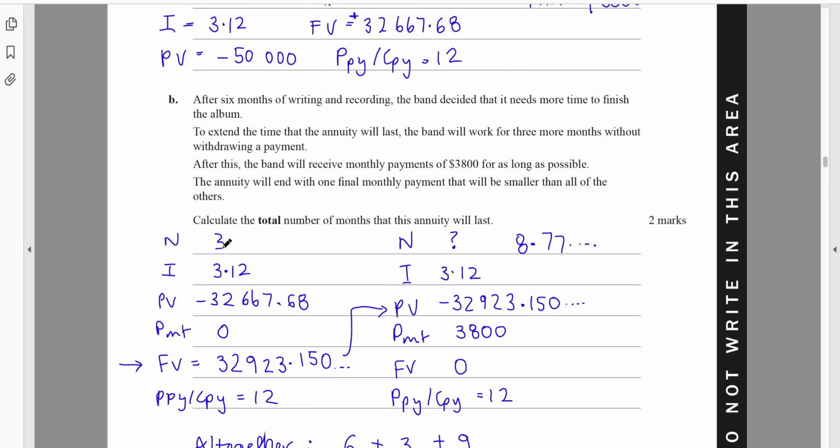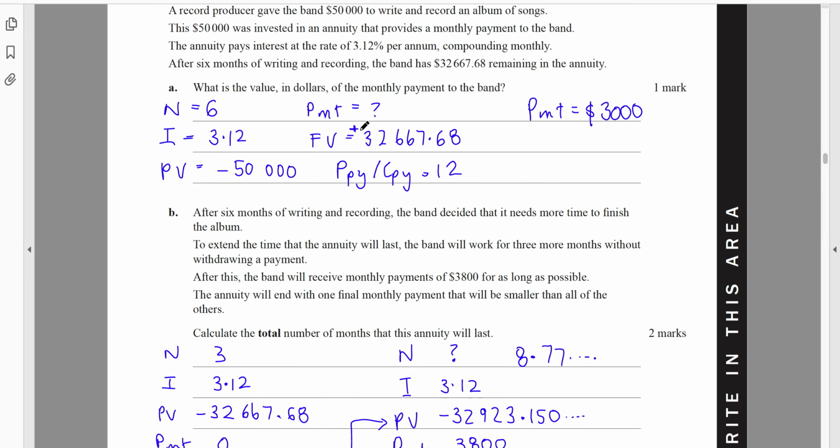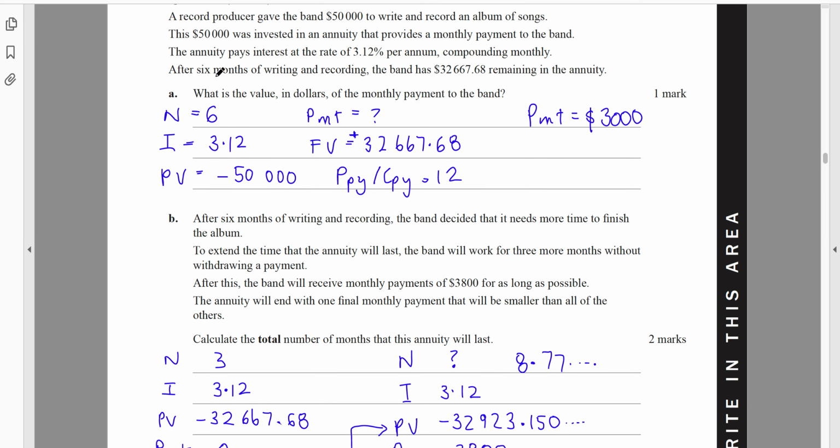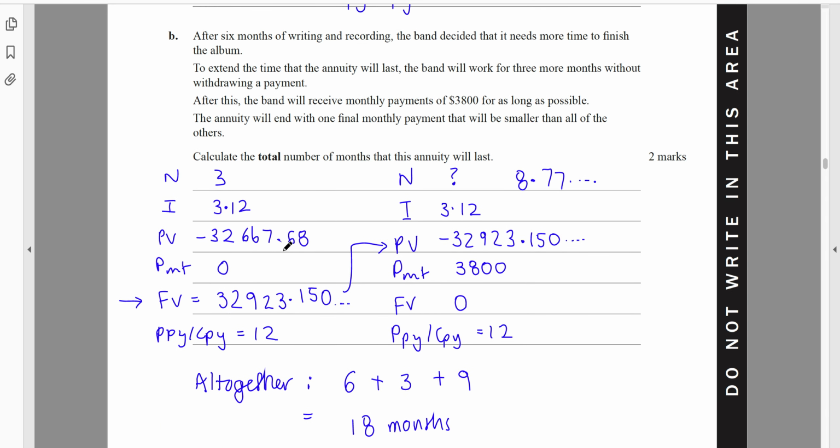We don't need to because we know this information up here. After 6 months, the band has got 32667.68 remaining. So I'm going to start from that point because that is the point when they stop withdrawing money. So at the beginning of this time period, we've got this PV. Make sure it's negative because it's at the start of this investment.